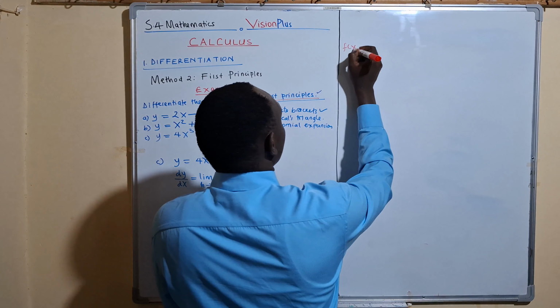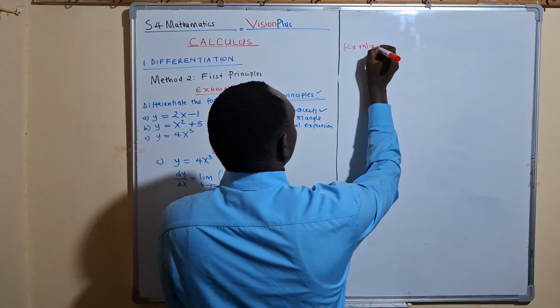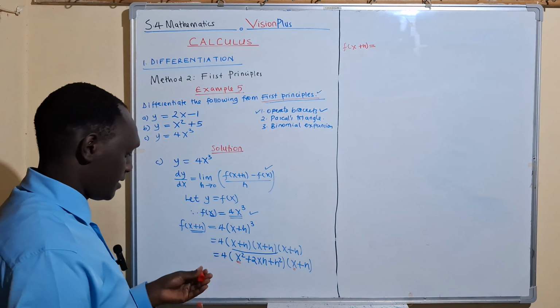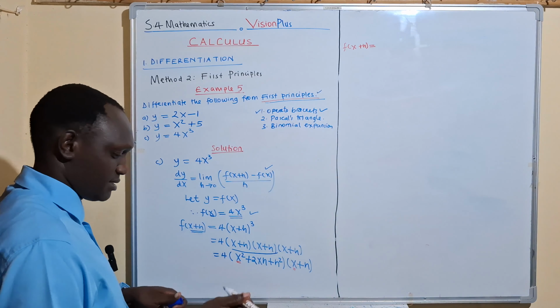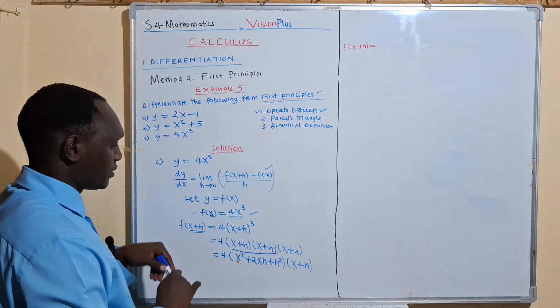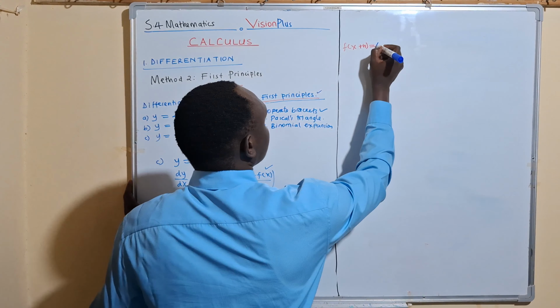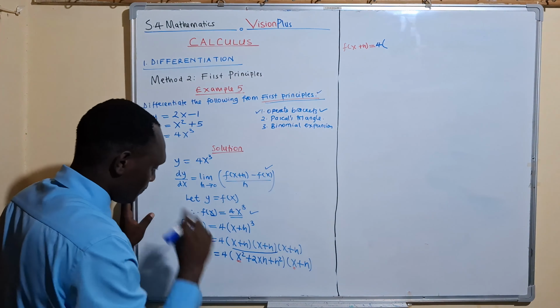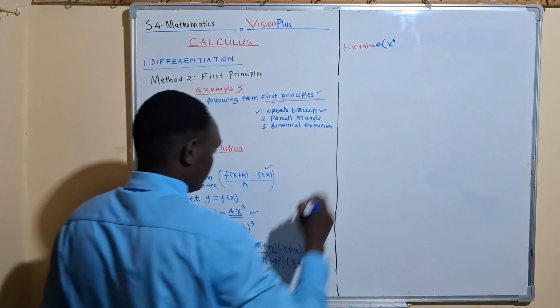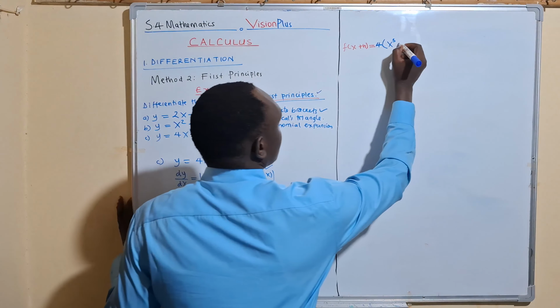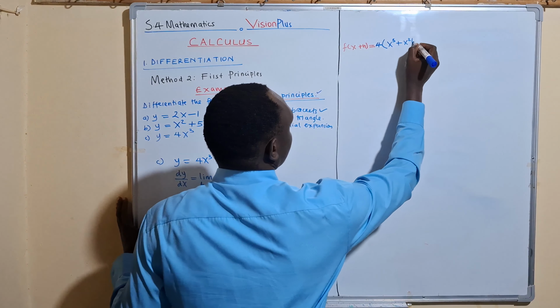So my f of x plus h equals 4 into x squared times x, gets x cubed. X squared times h, I'll get x squared h.